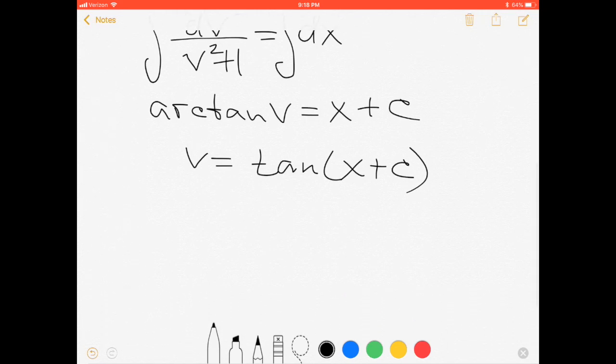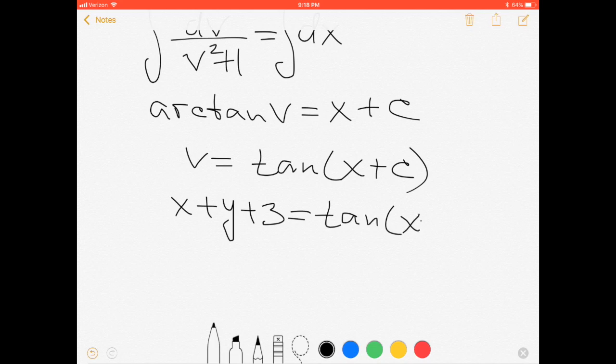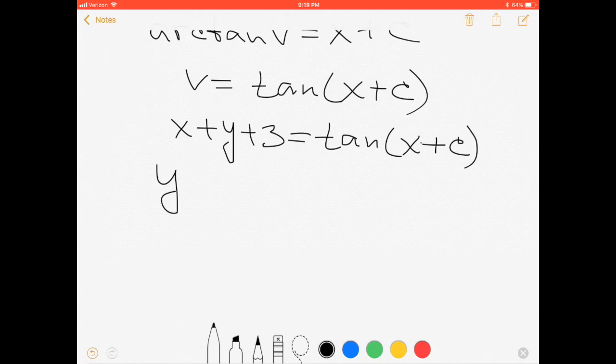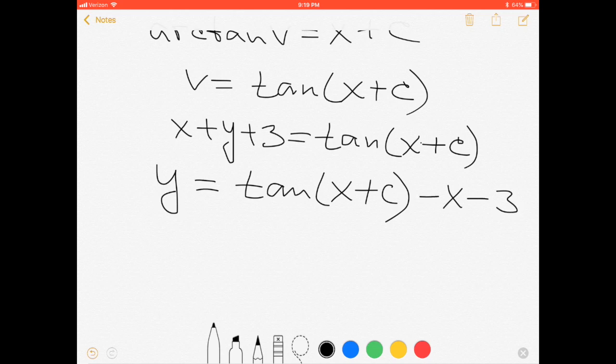Or we go back to our old variable: x plus y plus 3 equals tangent of (x plus c). And this means y equals tangent of (x plus c) minus x minus 3. This is our final answer. You see, using substitution, we solve this equation like a very simple equation.